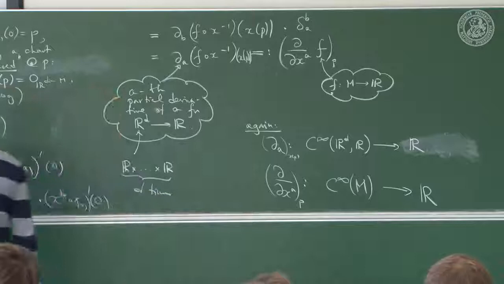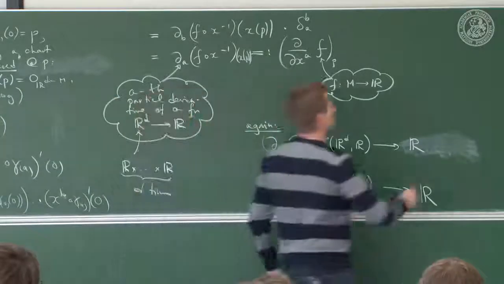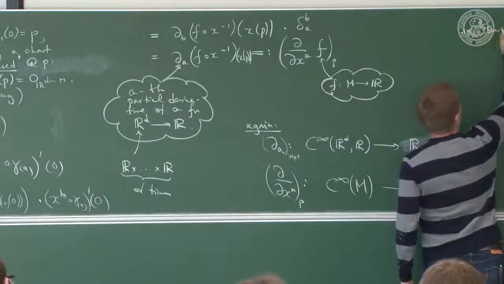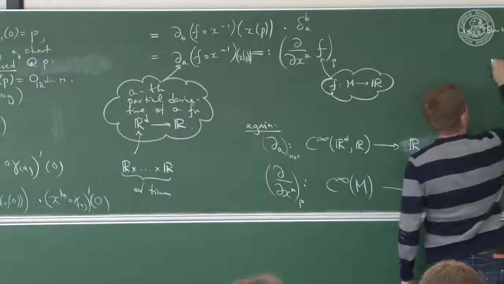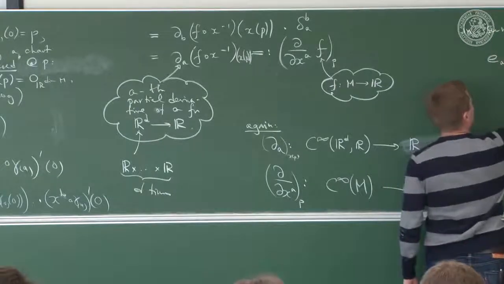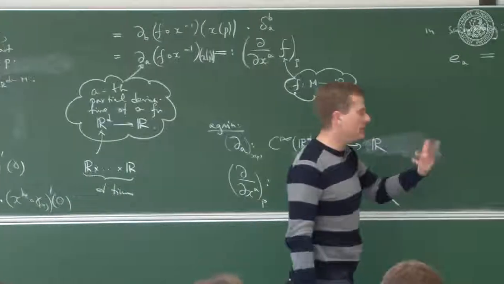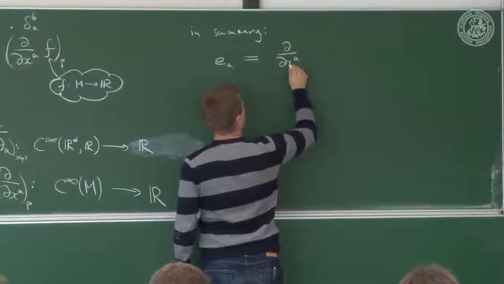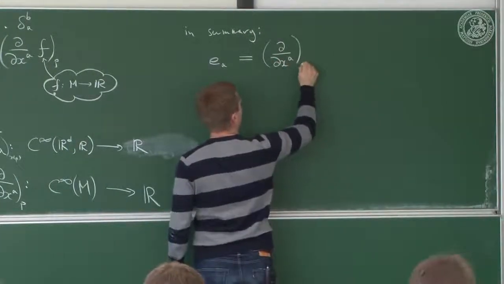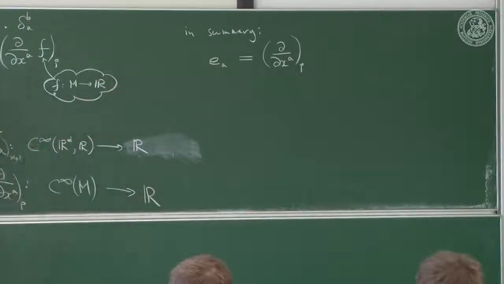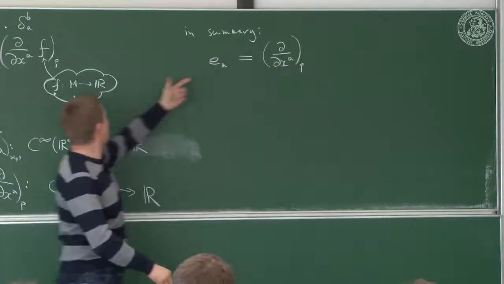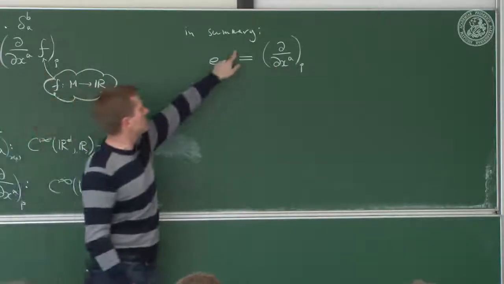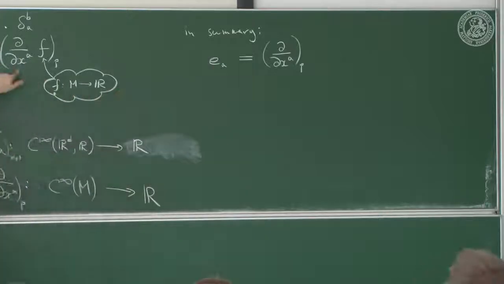In summary, the a-th tangent vector with respect to these very special curves, we can now write as d by dx^a at the point p, because this is the tangent vector at the point p. This is meaningful because this symbol, if it acts on a function, which is what defines such a map, is defined like this. And this you can calculate.